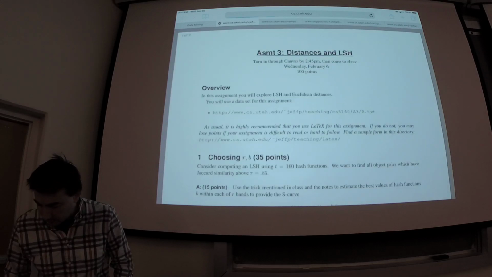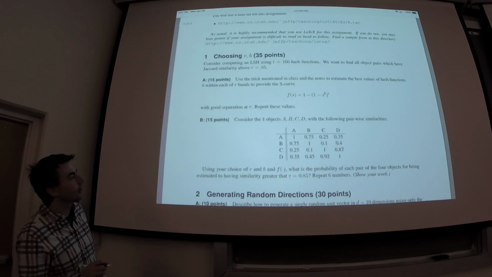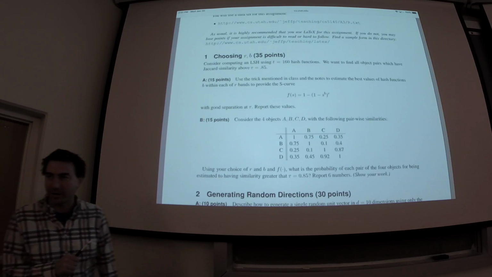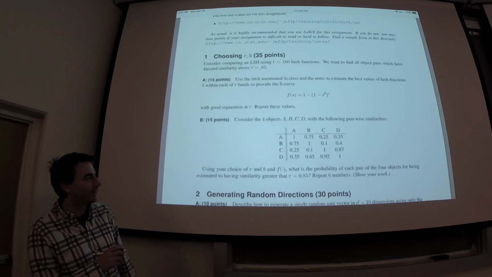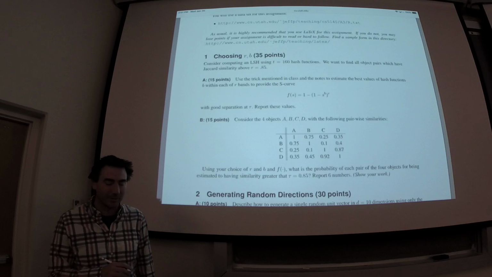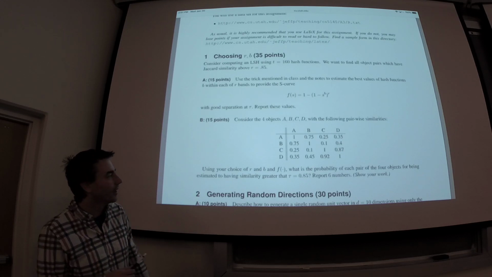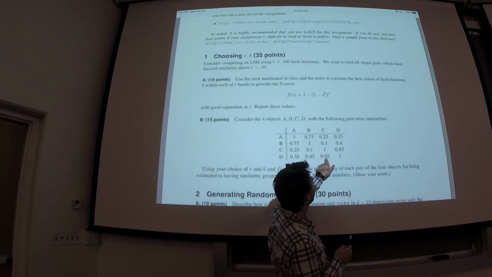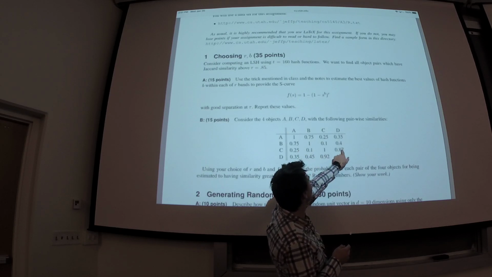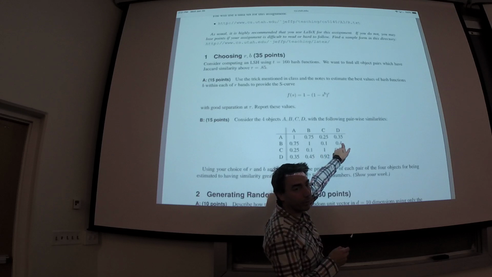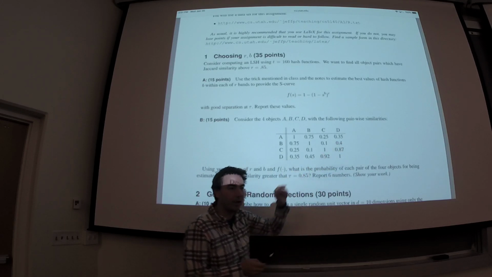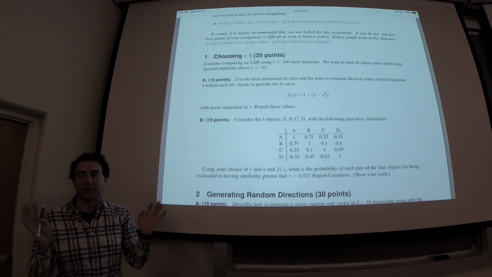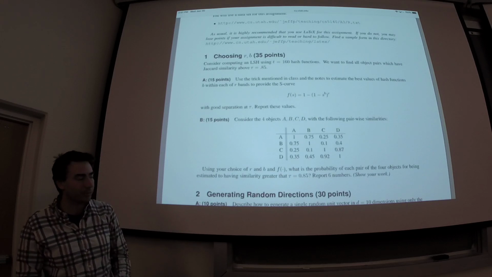I thought I posted the new one on the internet, but I didn't, so I'll change that after class. I updated these numbers last minute, and I meant to make this also 0.92 and this also 0.45, so that's going to be symmetric. I'll change that. It's a pretty small change.